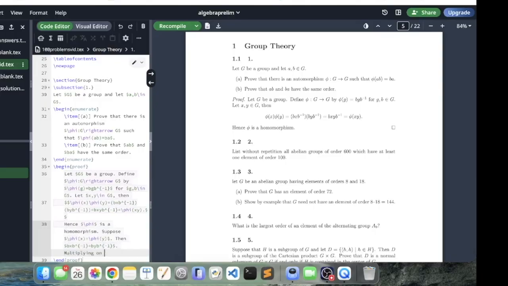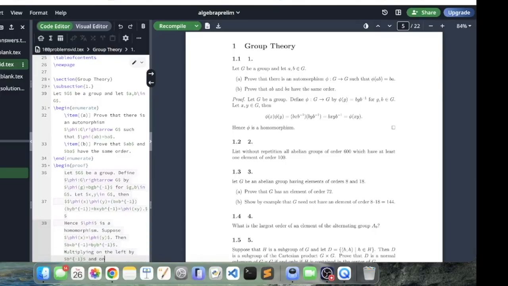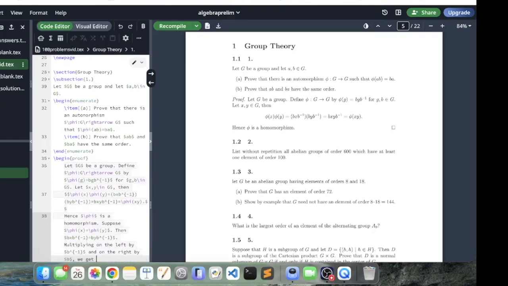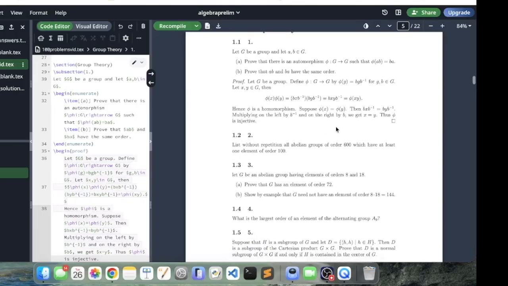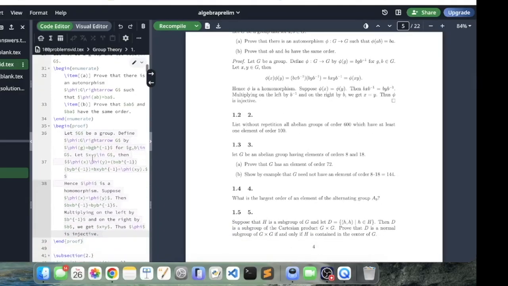Multiplying on the left by B inverse and on the right by B, we get x equals y. Thus, phi is injective. Okay, so we have an injective homomorphism. Let's see if this compiles. It remains to show that it's surjective.